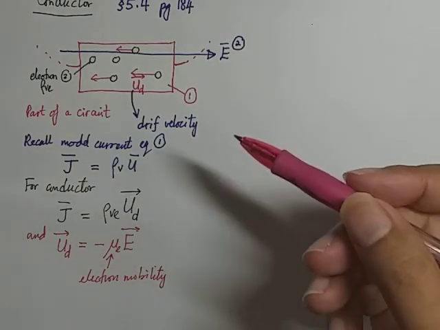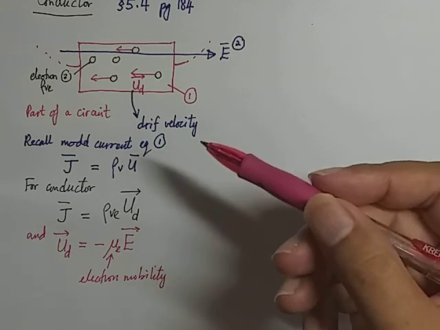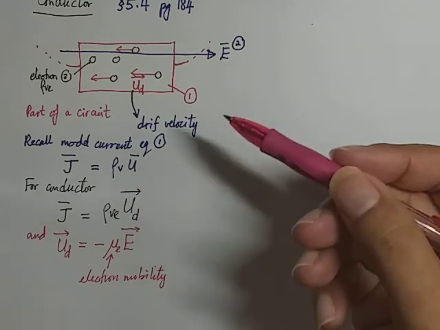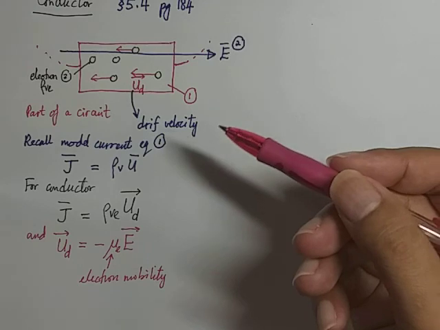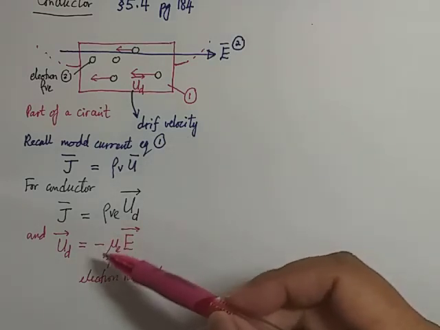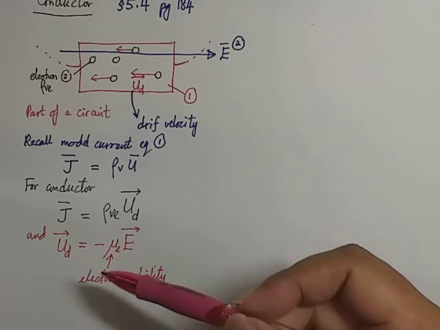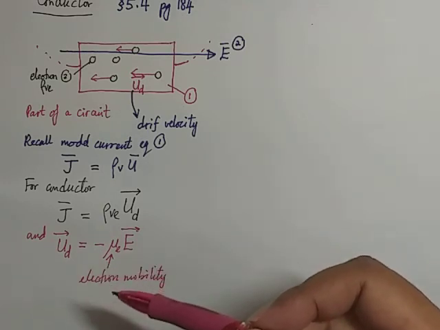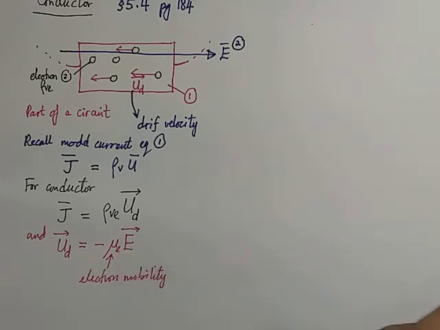For example, gold is going to have a different value of electron mobility compared to silver. So this parameter is an indicator of how easily electrons flow in the given conductor. That should be the parameters needed to define drift velocity.